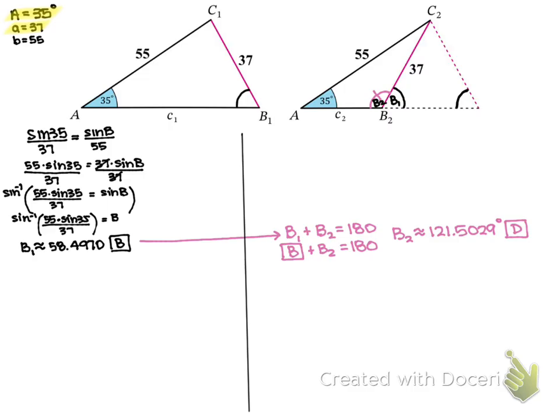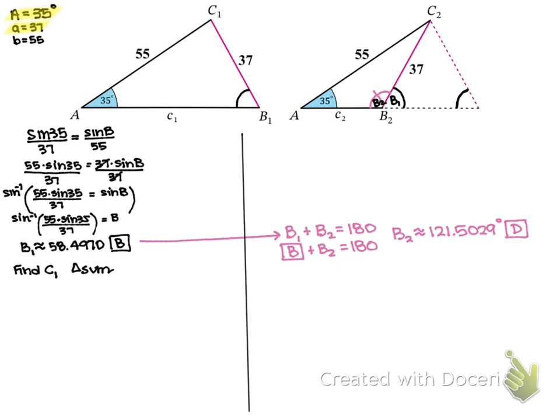Okay, so let's find C1. There's a handful of ways that you could do this. You could do law of sines again, or you can just do triangle sum. Actually, you can't do law of sines because you don't have little c. Let's do triangle sum.